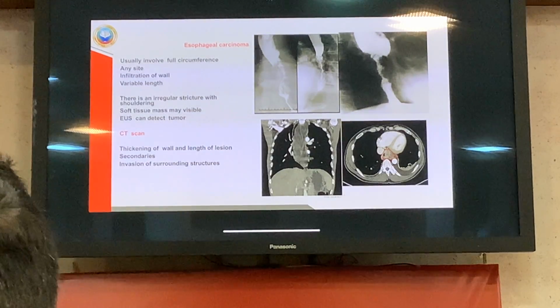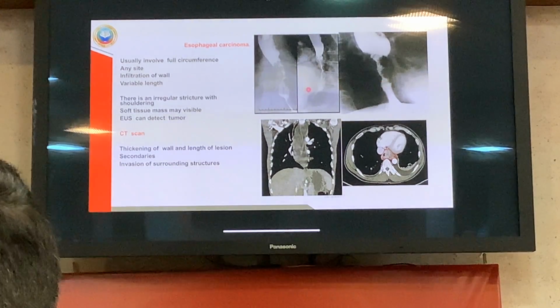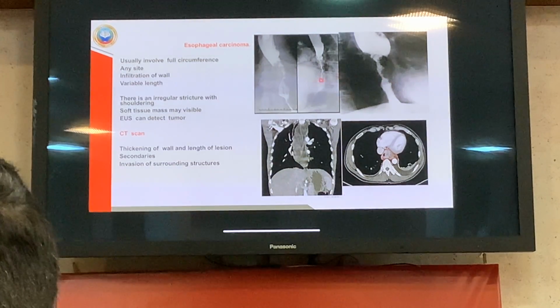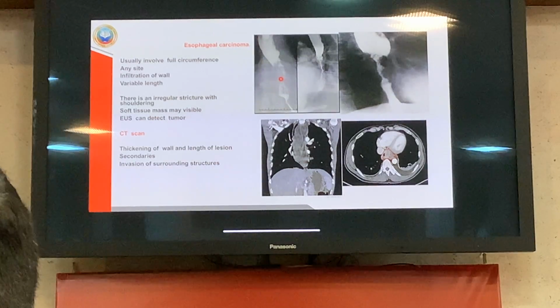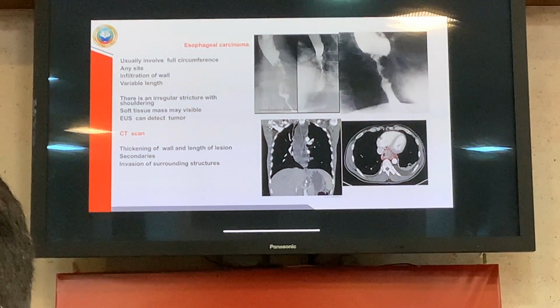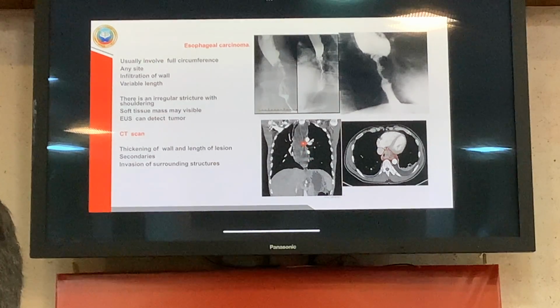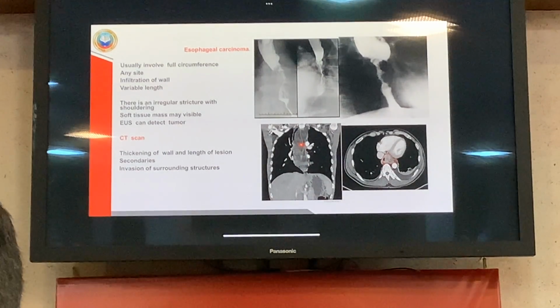The most important thing is the esophageal carcinoma. What about the stricture, the type of stricture? Regular, shouldering, filling defect, associated with the filling defect, and stricture. What about this? All of these are masses.